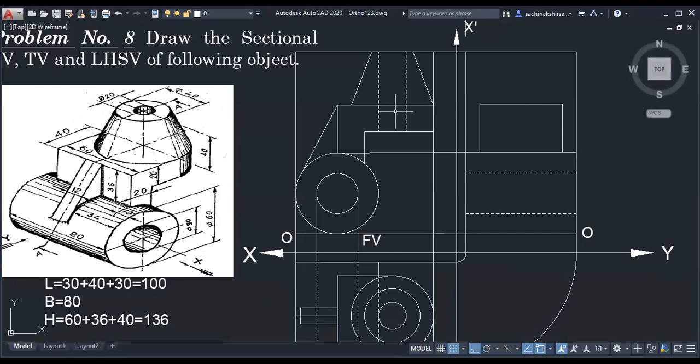Okay, so you can draw that as well. So this part, and this circular hole also, it will be throughout. So it is something like this.